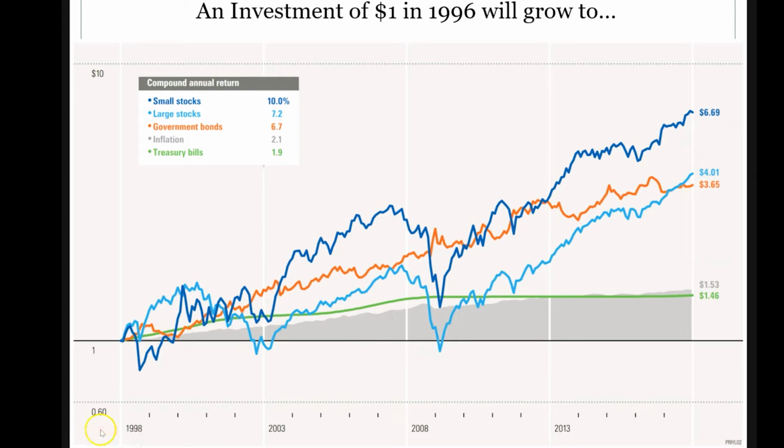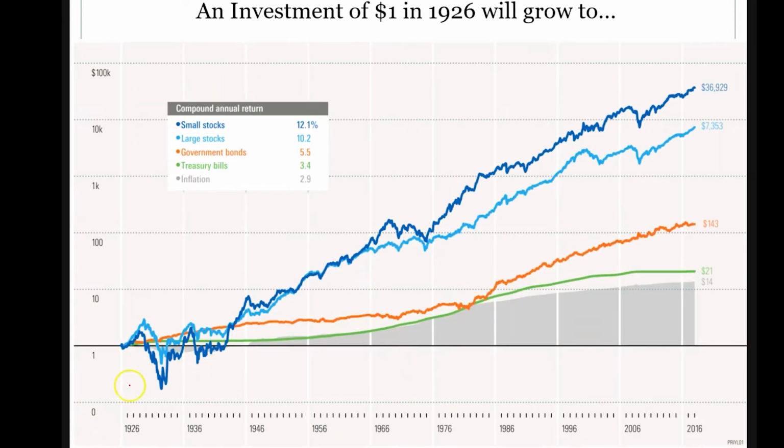Now, what we want to do is to think about how we turn what we know about the past relationship between risk and return into a model. And the simplest form of a model is the line, right? Y equals mX plus b, right?